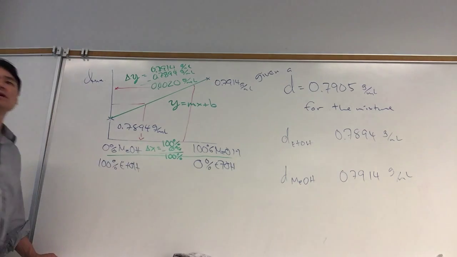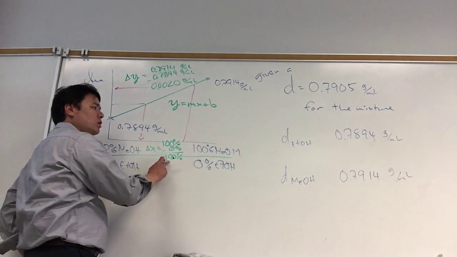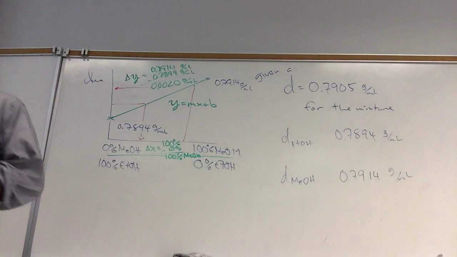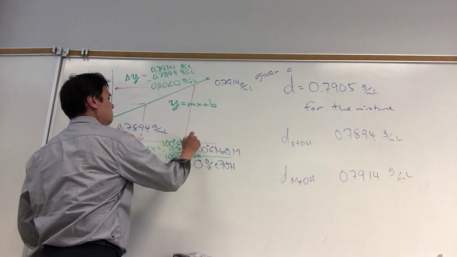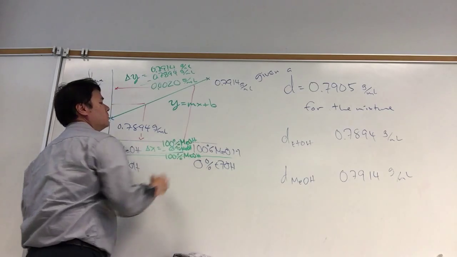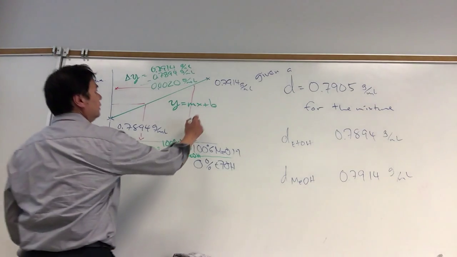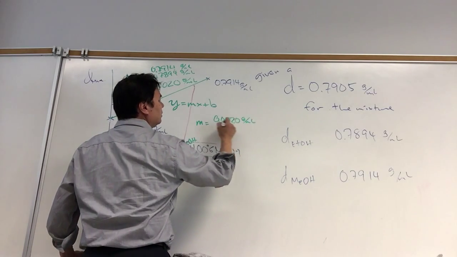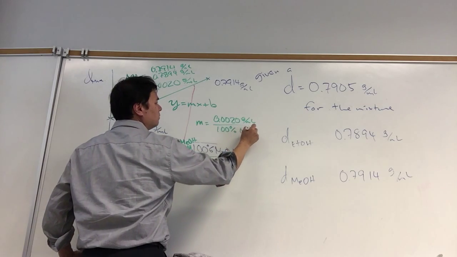And we have to be careful. 100% of what? It's not just 100%, it's 100% methanol. I would get the wrong answer if I put ethanol in there. This is the way I set up the x-axis. And so this is percent methanol. And so the slope, m, is just equal to 0.0020 grams per milliliter divided by 100% methanol.